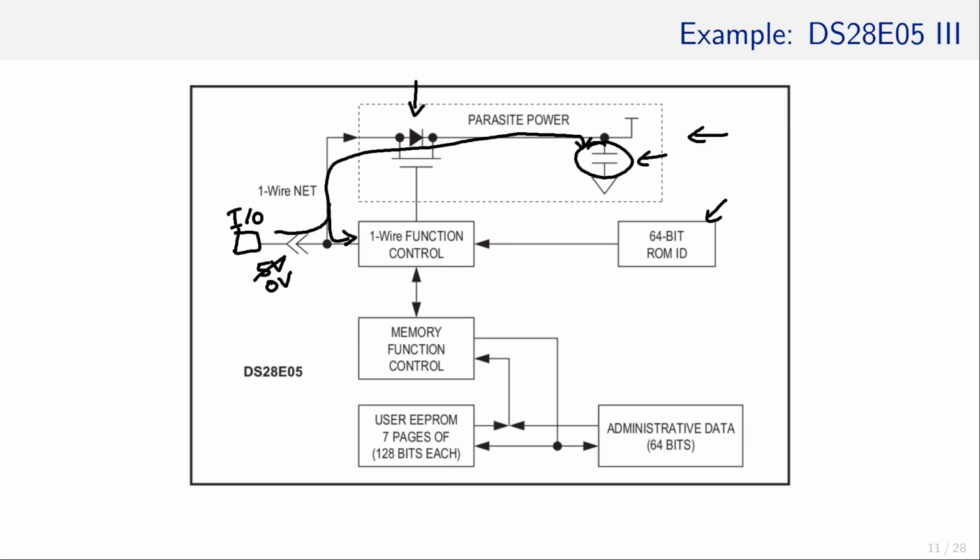Since the capacitor steals or siphons off from the data line to deliver its charge when the data line cannot, this mechanism is called parasitic power, and that is how devices remain active.